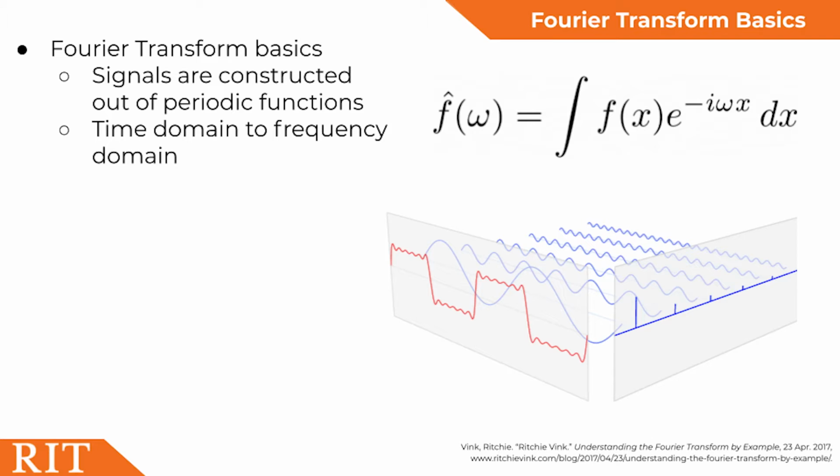And this is done because a signal of any type in the time domain can theoretically be reconstructed out of a combination of sines and cosines at different amplitudes and phase offsets. So if you add enough of these sines and cosines together, you get the same signal that you came in with. And that's kind of what this visual represents. You can see that these signals are being made up of a bunch of smaller, different frequency, different amplitude signals.